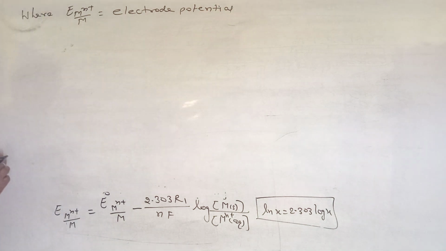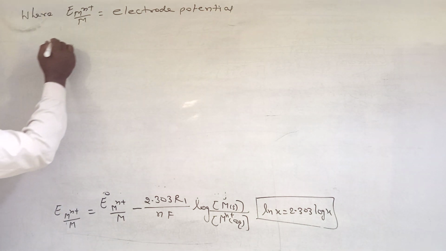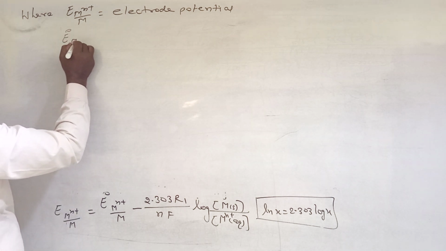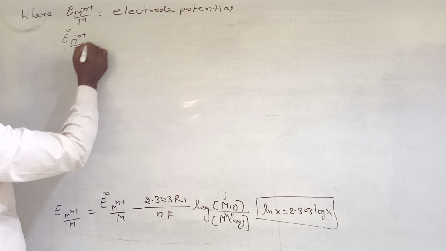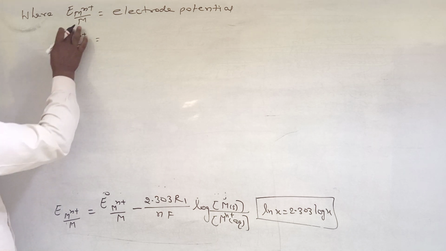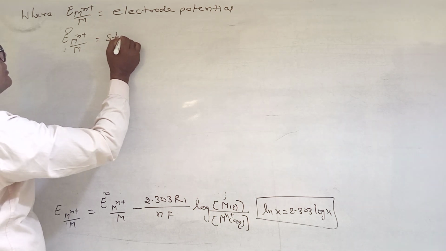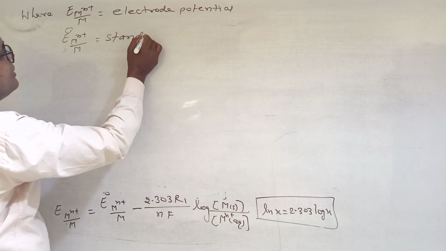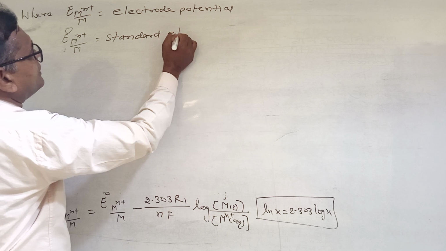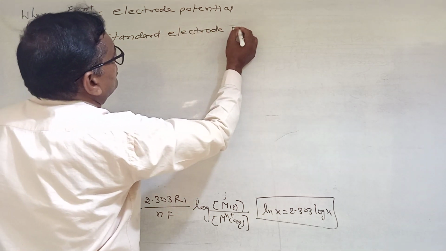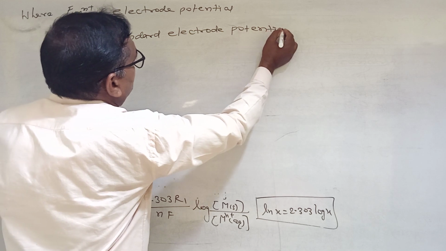E naught of ion upon electrode is equal to, this zero indicates the standard electrode potential.